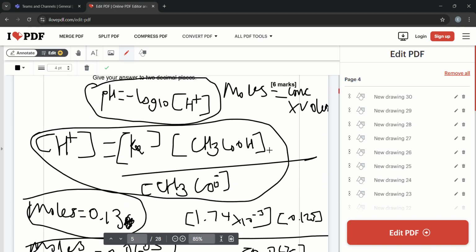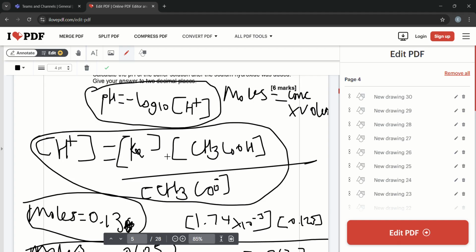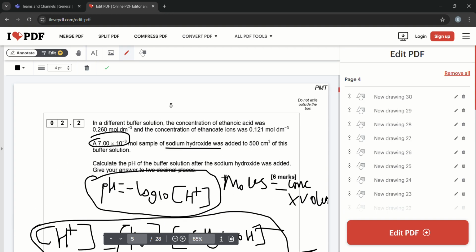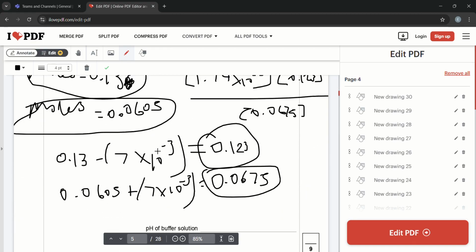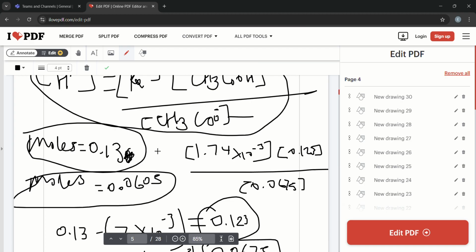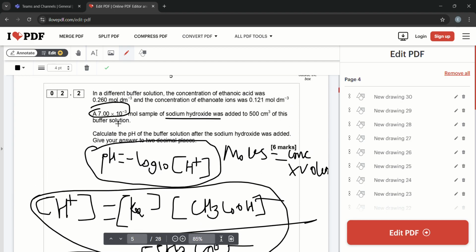So first thing we did was, well, this is not necessary, but we rearranged the equation to get H plus. We realized we've got Ka, and we need to find out this and this. So we work out the moles of ethanoic acid, 0.130, and moles of sodium ethanoate, 0.0605. And now we know that this sample of sodium hydroxide is added.